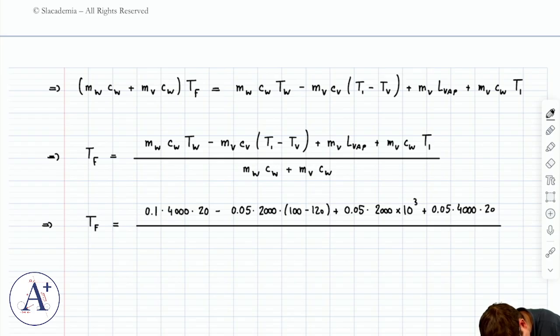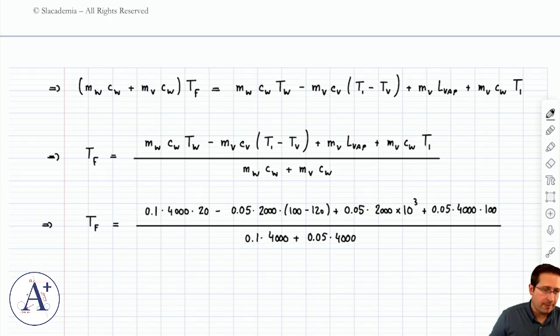No, T1 is 100, my bad, not 20, 100. Divided by mass of water, 0.1 times 4,000, plus 0.05 times specific heat of water, also 4,000, obviously.